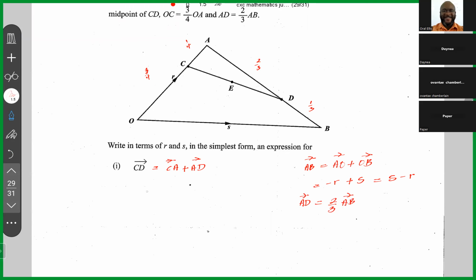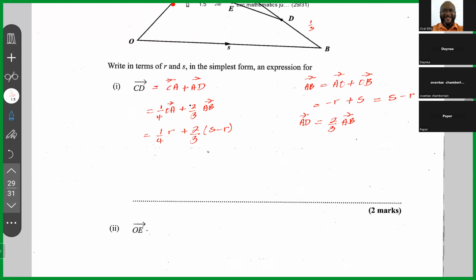So it means therefore that CA is 1/4 of OA, and AD is 2/3 of AB. So this is 1/4 of R plus 2/3 of S minus R. We're asked to write this in its simplest form.